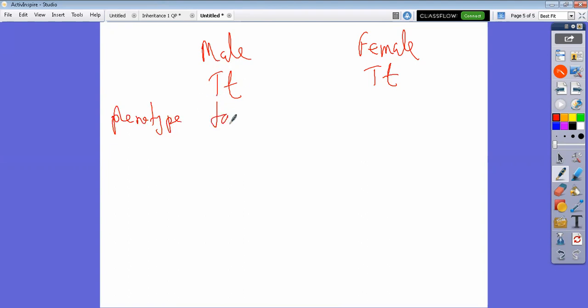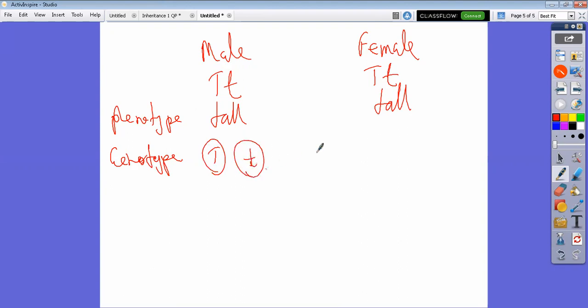This person is tall. This person is tall. And the genotype of the parents, normally the right parent genotype is this. So you have your T here, you've got the small t. You've got the T here, and the small t.